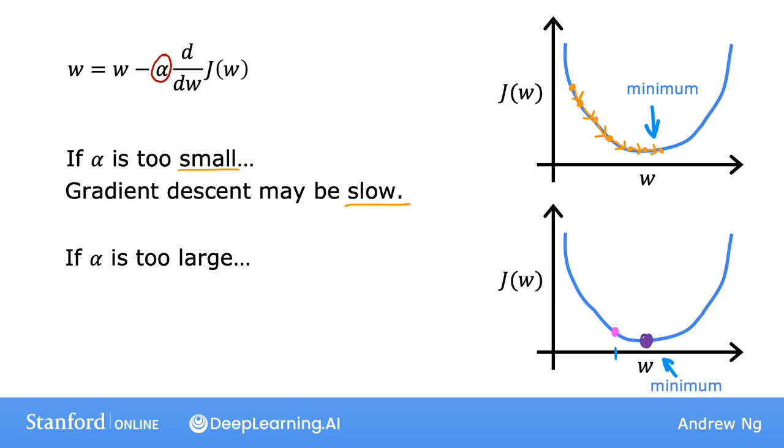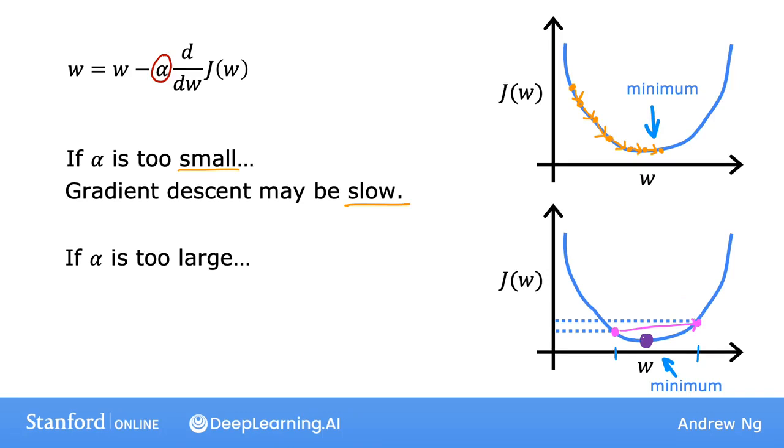So the derivative points to the right, but if the learning rate is too large, then you update W via a giant step to be all the way over here, and that's this point here on the function J. So you move from this point on the left all the way to this point on the right, and now the cost has actually gotten worse. It has increased because it started out at this value here, and after one step, it actually increased to this value here. Now, the derivative at this new point says to decrease W.